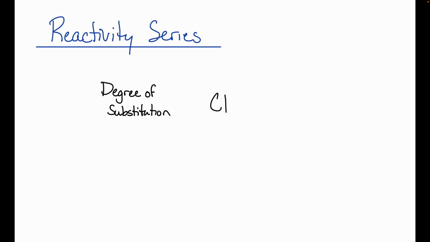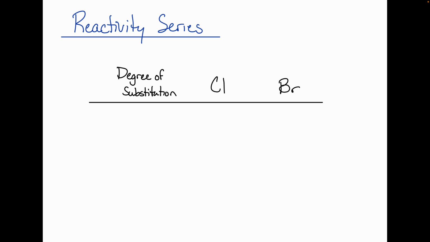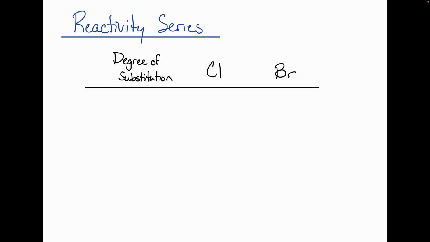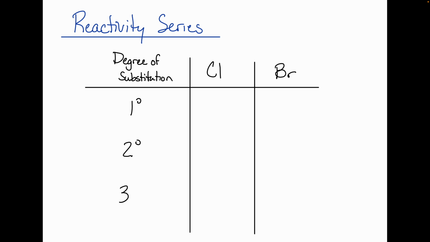We have chlorine and bromine, so these are going to be our columns here. Turns out that depending on your halogen, you get a different preference for primary, secondary, or tertiary carbons. All right, so in terms of degrees of substitution, we're going to have these 3 options, either a primary, a secondary, or a tertiary carbon.